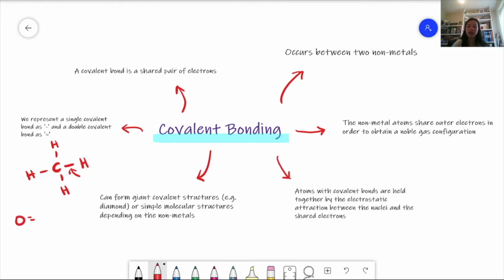So if we had carbon dioxide, these two are double bonds, which means there are two pairs of electrons being shared. And one thing to remember about covalent bonding is that it can form either a giant covalent structure, for example diamond, or simple molecular structures, just depending on which nonmetals you use.